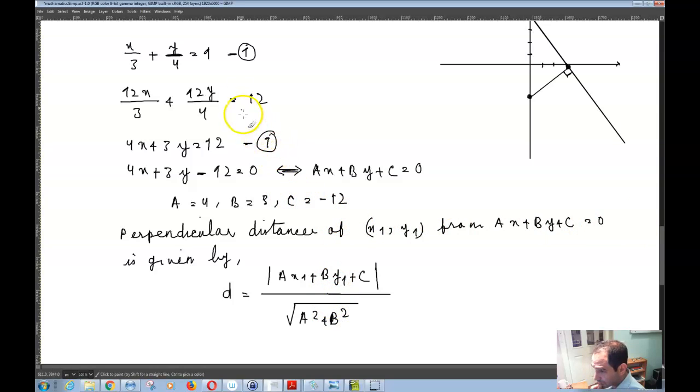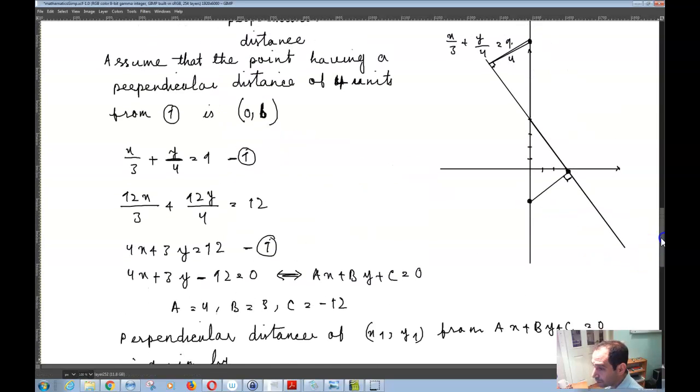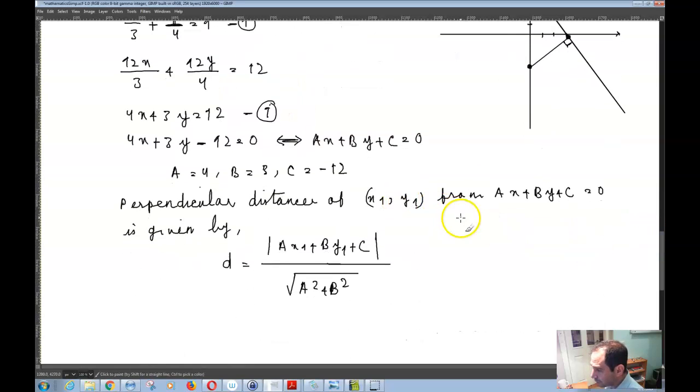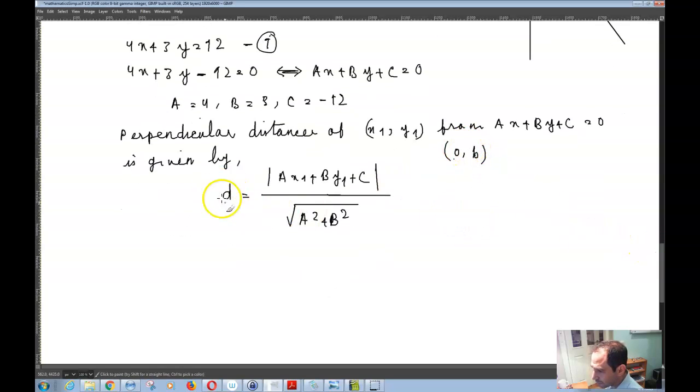So we know that this point that we defined over here, 0 comma b, has basically a distance of 4 units from this line over here.